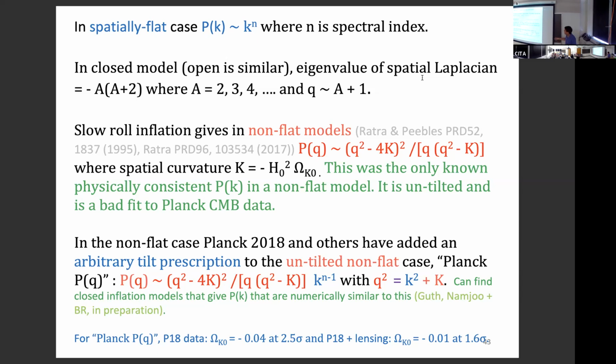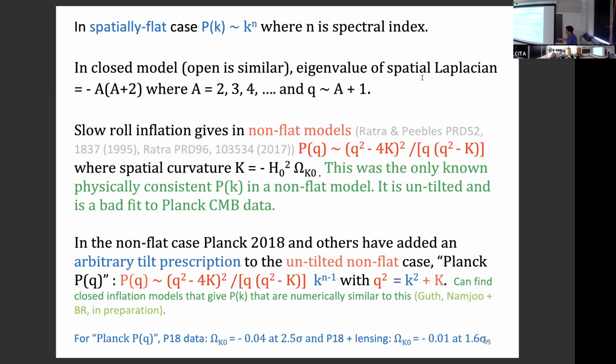Capital A is the label for the eigenvalue of the spatial Laplacian, which is minus A times A plus 2. So in a closed model, the modes are discrete, and this is how you count the modes. The A equal to 0 and 1 modes are effectively gauge modes.